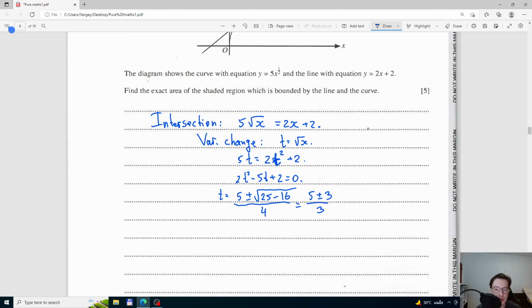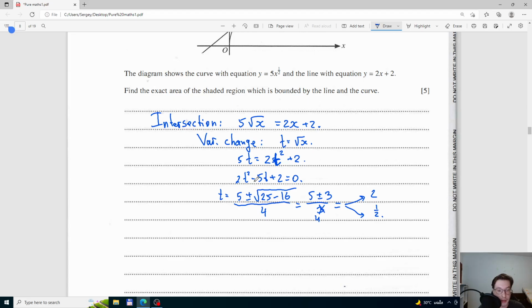Oh, sorry, 4. Okay, if I take the plus sign, it's going to be 2, and the minus is a half. So these are going to be my limits of the integration.